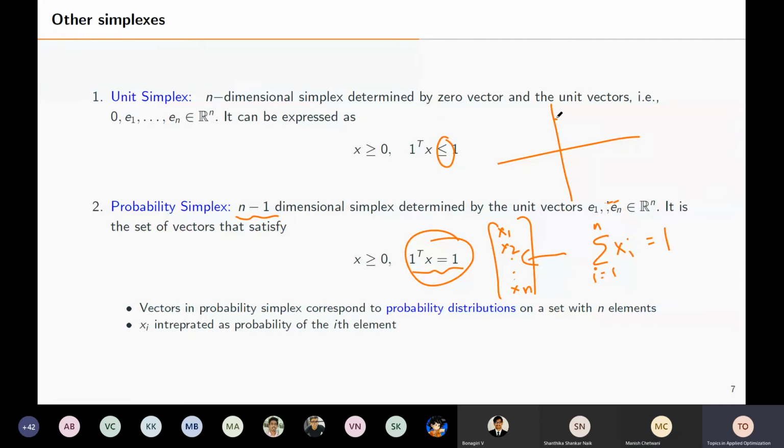You're right, it will be just this boundary part. x plus y equal to 1 is this line, and x and y both greater than or equal to 0, because that is also a constraint here. Or let's say x1 and x2 if you get confused. So that will be just a line. These things are useful in probabilistic models. We will see later on; just keep this in mind.